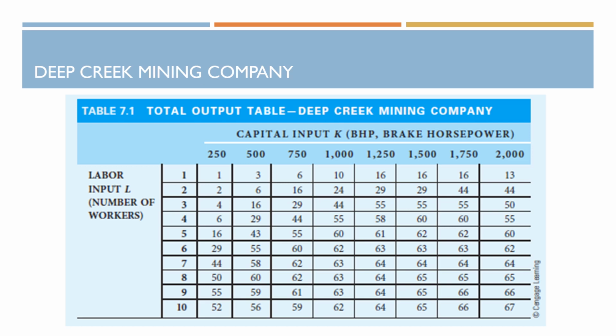But if you look at this table carefully, at the cross of the two inputs, let's say we have 6 workers combined with 1,000 units of capital input, we get 62 units of output. As we increase the amount of capital and labor, we see the output increase in this table.